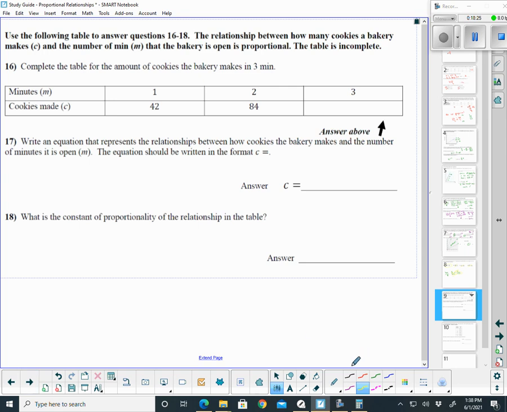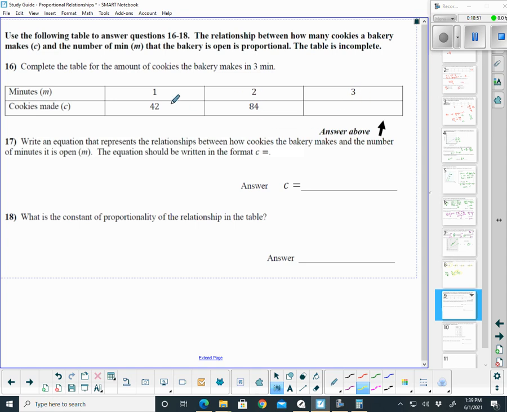Let's do number 16. Use the following table to answer questions 16 to 18. The relationship between how many cookies a bakery makes, C, and the number of minutes, M, that the bakery is open is proportional. The table is incomplete. Complete the table. Well, it looks like 1 minute, 42 cookies are made. 2 minutes, 84 cookies are made. And in 3 minutes, how many cookies?